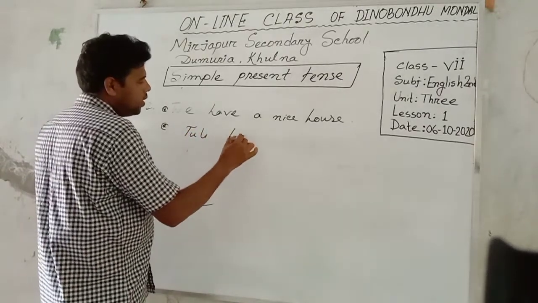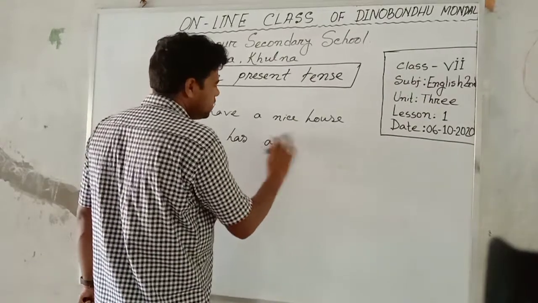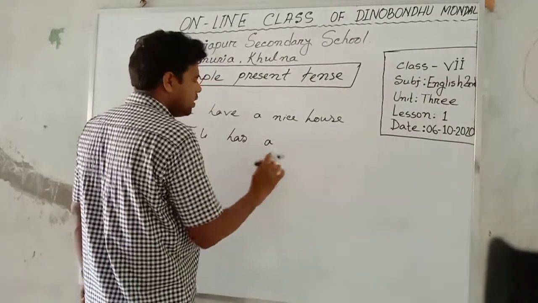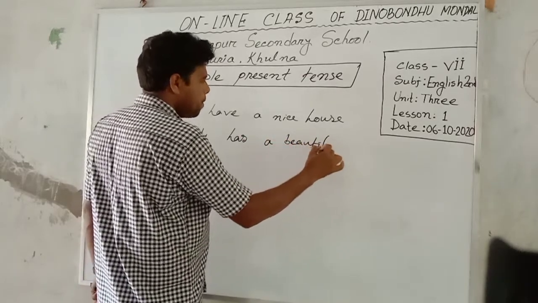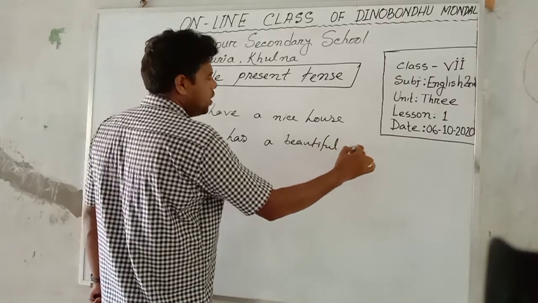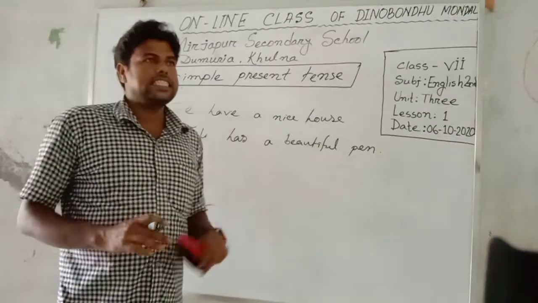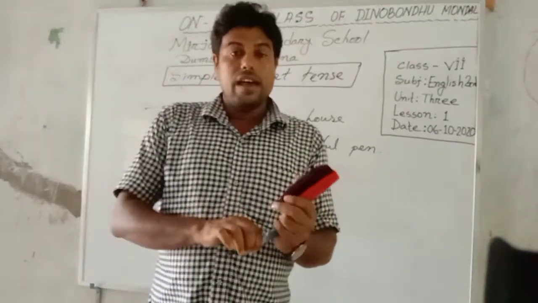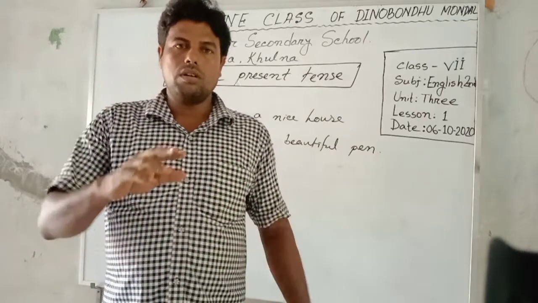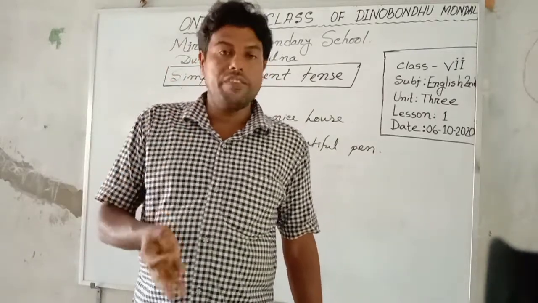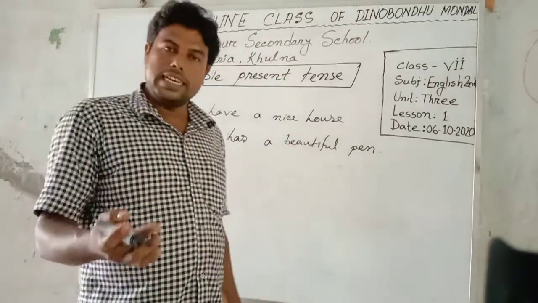Tuli has a beautiful pen. That means this verb is called have verb. So we use be verb with present simple, then have verb with present simple.